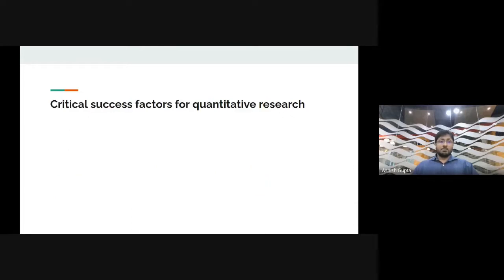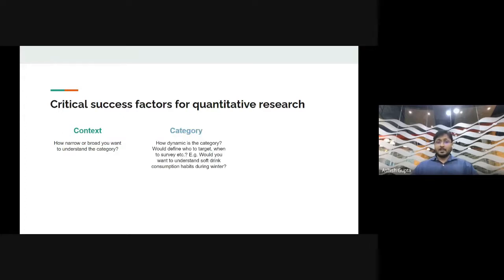And when it comes to market research or quantitative research as such, there are 6 critical factors which are really important for any market research or quantitative research. One is the context, and I'll come to that in a bit. So context about how narrow or broad you want to understand the category, and I'll give you some examples in the following slides around what I mean by context. The category itself is also very important. So how dynamic is the category?